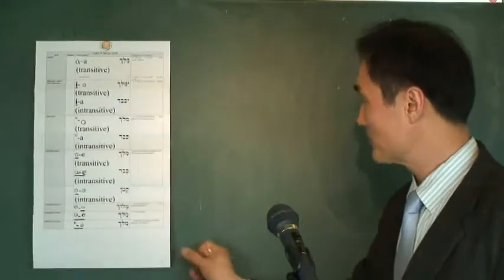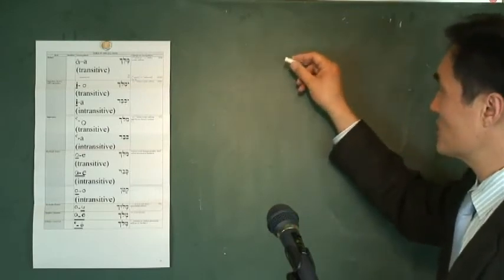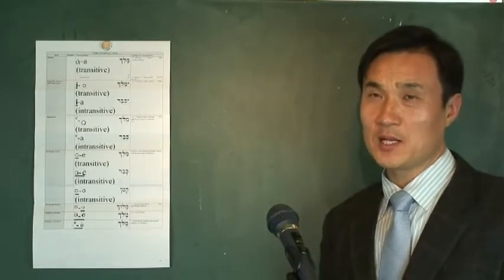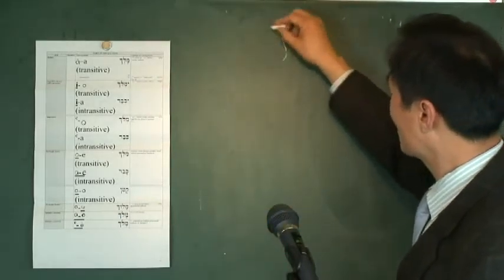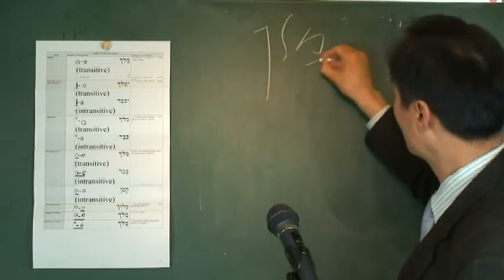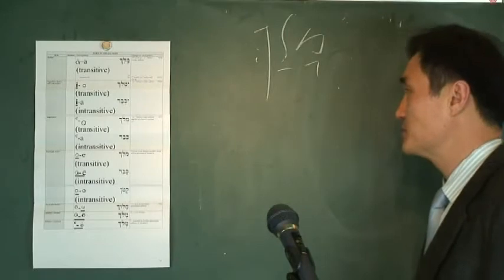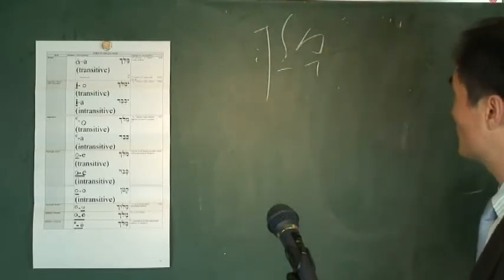First, let's review the Kal verb. In the Kal verb, there is the perfect form that belongs to the finite form. Let's use the verb malak as an example.